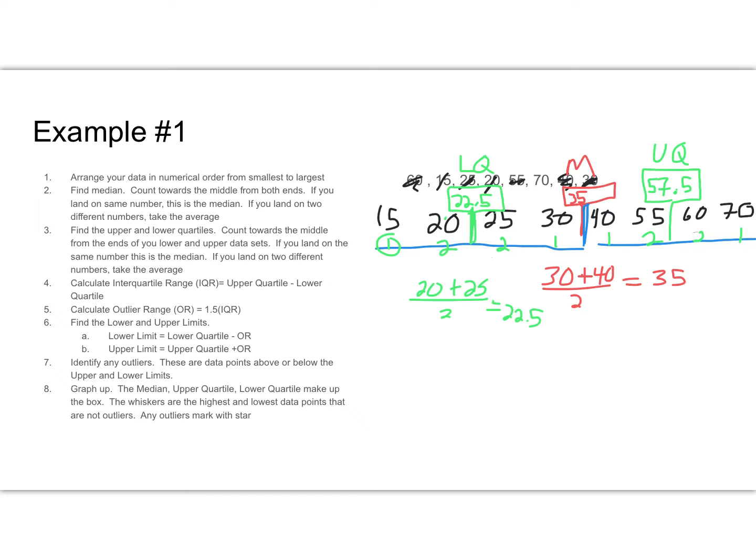All right. Now, here's where the math comes in. For our next part, step 3, we're going to calculate the interquartile range, IQR. So you're going to take the upper quartile minus the lower quartile.